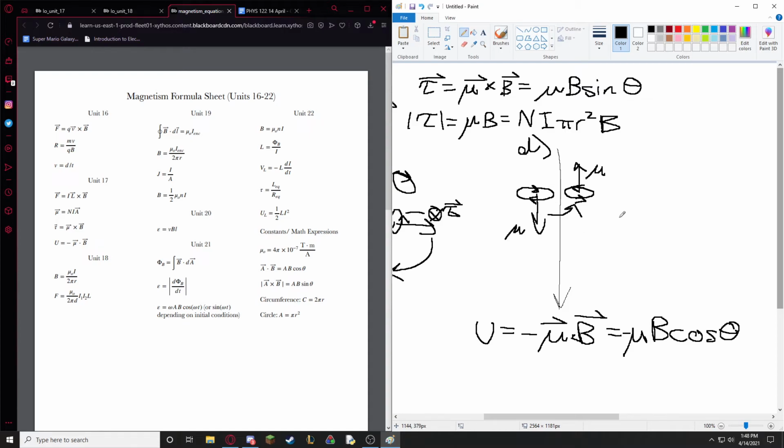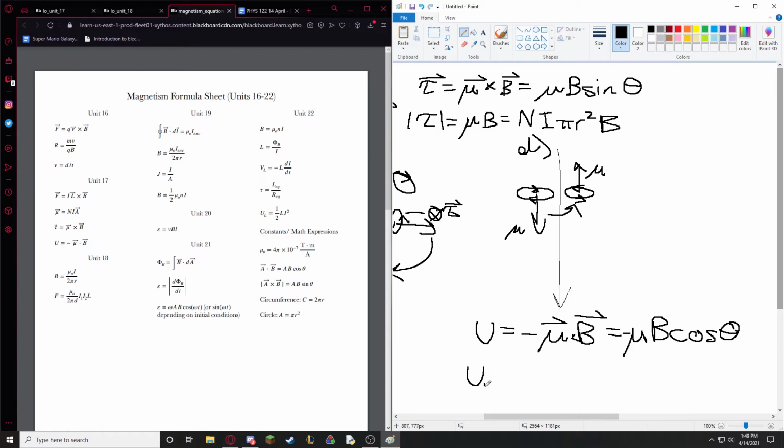So what's our potential energy initially? It'd be the maximum, I guess. Or wait. Is it just like negative mu times b? Yep, exactly. Because our angle is 0, right? Angle is 0. This cosine becomes 1, so we can essentially just ignore it. So it's just negative mu times b.